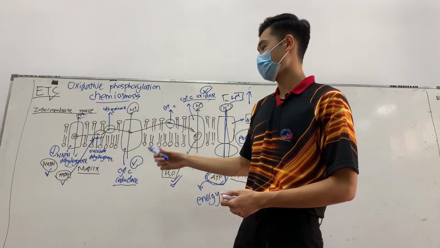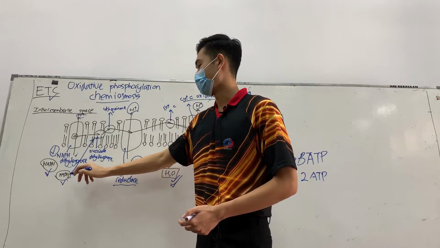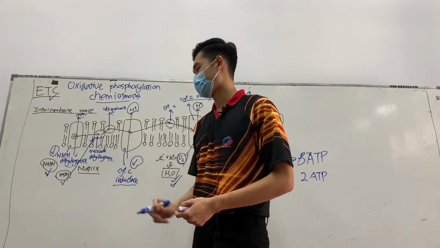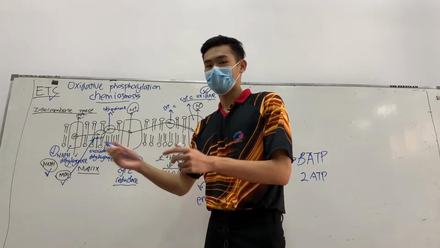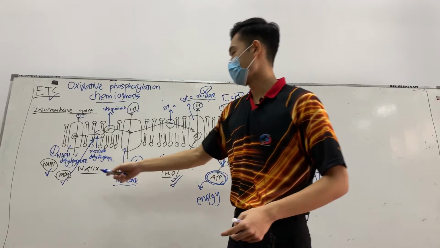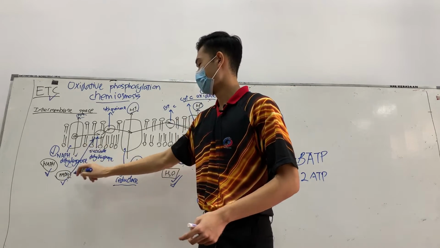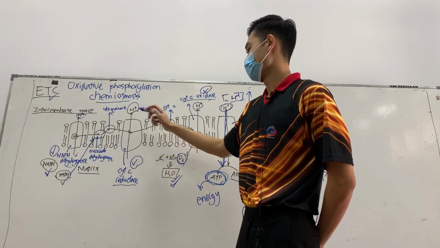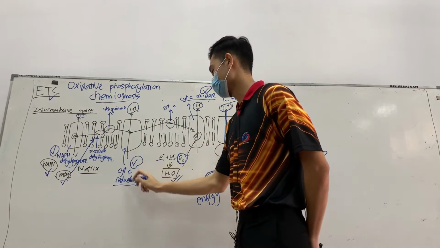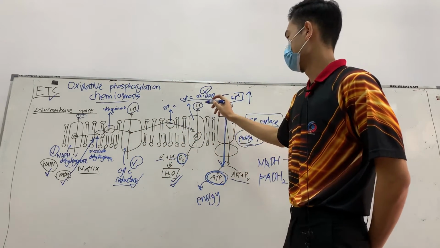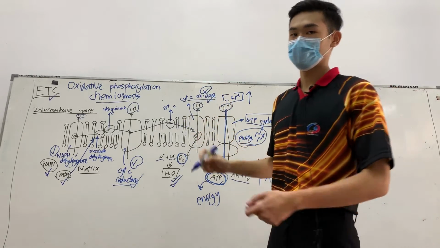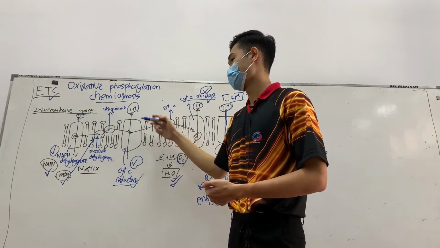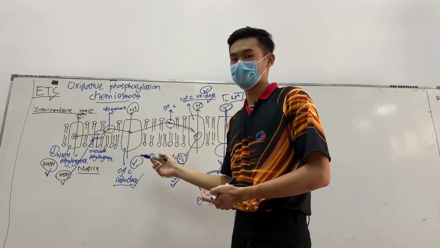Therefore, in the first step, it will not transfer electrons from FADH2 to NADH dehydrogenase. Therefore, the pathway will be shortened. It will only transfer electrons from FADH2 to succinate dehydrogenase, and then pass through cytochrome C reductase and cytochrome C oxidase. Therefore, the hydrogen ions will be pumped twice only.